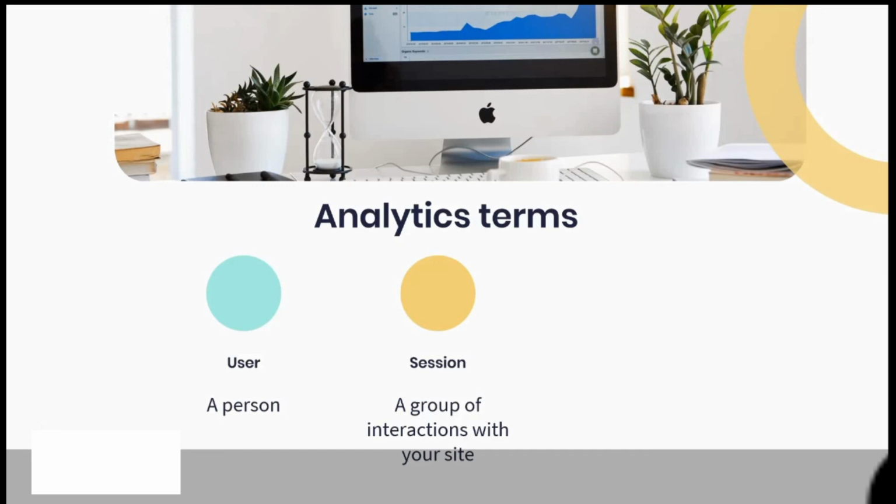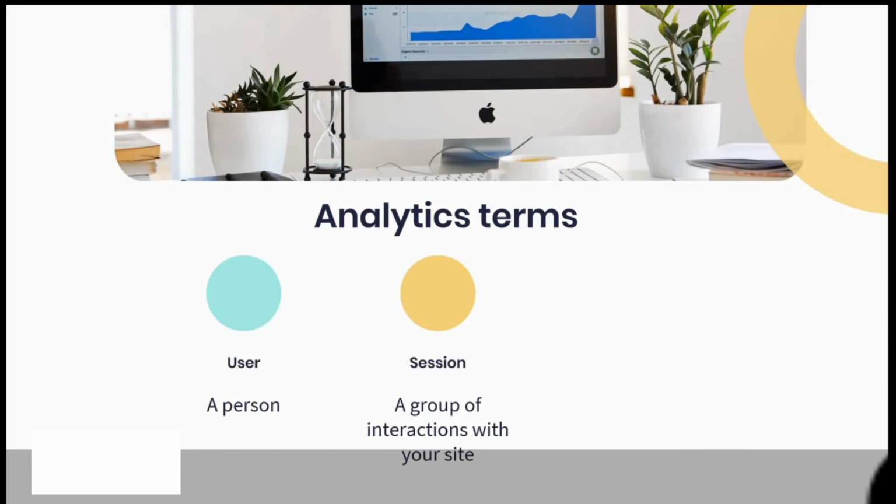What happens with a session is that if there has been inactivity on the site for 30 minutes, the session will be closed. Let's say that someone is on a website, they are browsing around, and then they get distracted or they move on to something else, but they don't close the website in their browser. Google, after 30 minutes of inactivity on the site, will close the session.